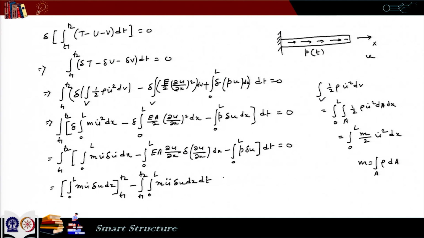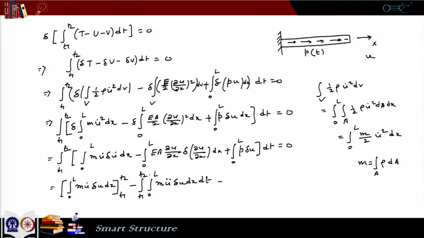Okay, so the symbol here, the sign should be plus, and the rest of it we can put inside.